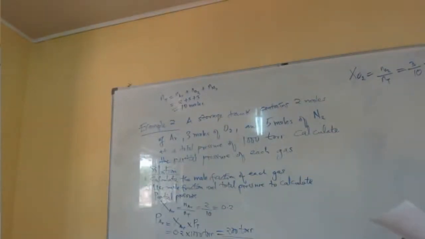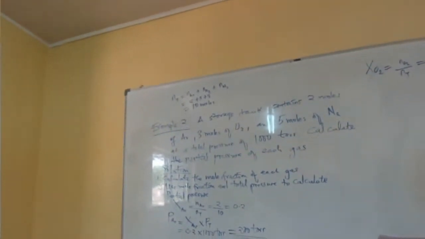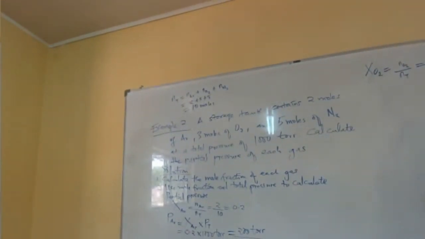Therefore, the partial pressure of oxygen, which is P oxygen, is equal to 0.3 times 1000 torrs, which is going to be 300 torrs.